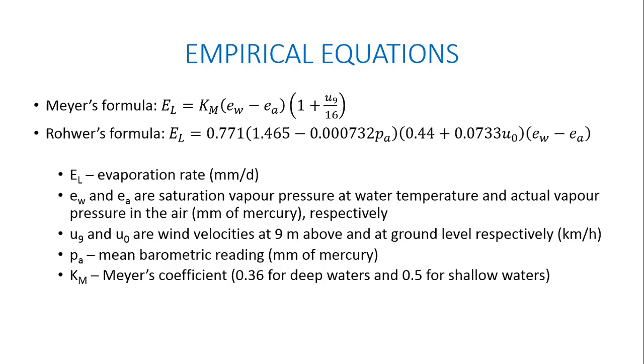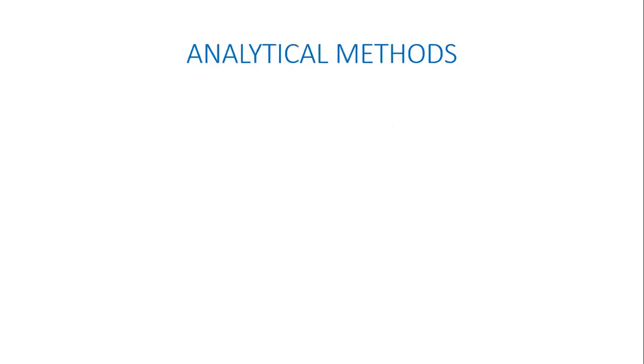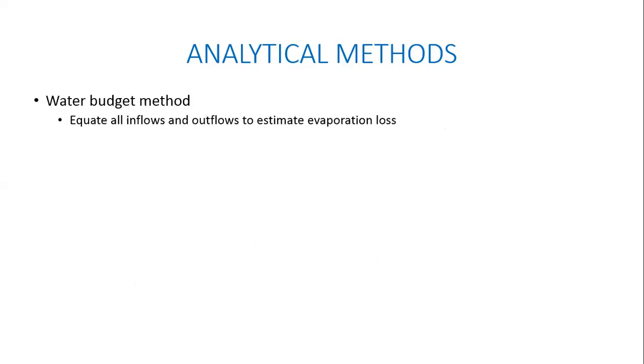Then the last method is what is called an analytical method. This is completely theoretical. You come up with an explanation for how to estimate the evaporation rates. Among this, the most popular is the water budget method, where you equate all the inflows and outflows. If I take a lake, for example, and I take a sufficiently long duration of time, I measure all the inflows into the lake. It could be precipitation, runoff, or groundwater inflow.